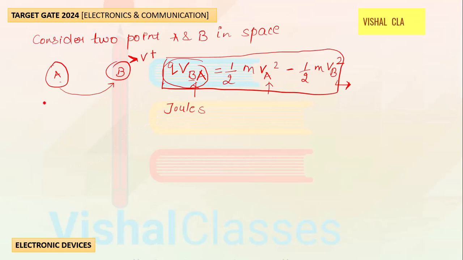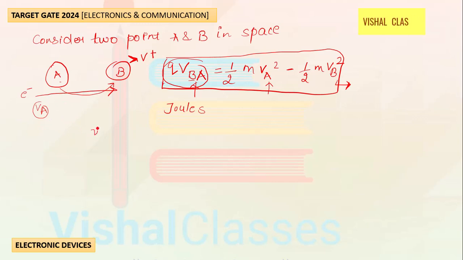Here the electron is traveling from point A to B, with initial speed v_A. Suppose I consider the electron at rest.